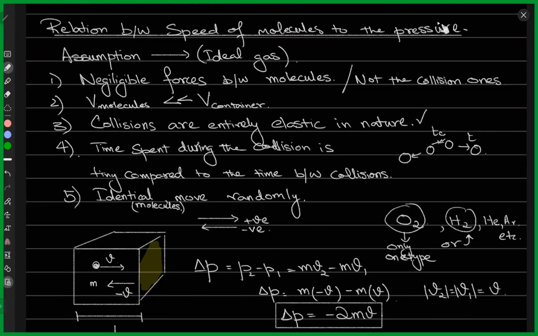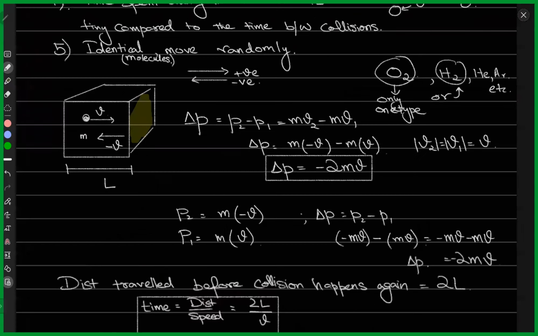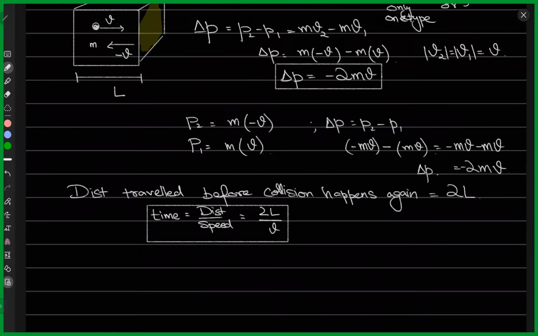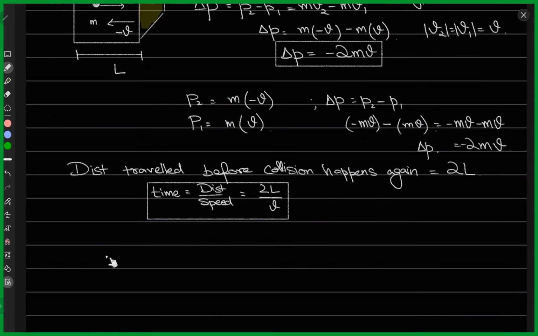So having an equation of pressure in terms of this speed v, I'll have this relationship. So it's very simple now. All you have to do is write down the force, change in momentum divided by the time elapsed, and that is simply minus 2mv divided by 2L by v.